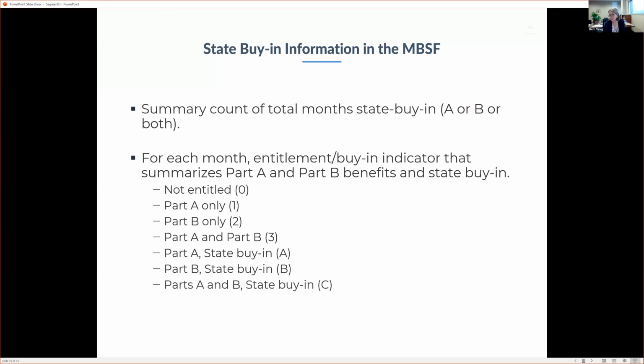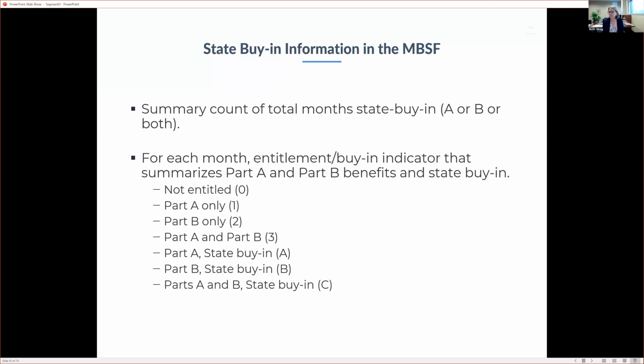They will be Part A only, that's all they have, or Part B, or Part A and Part B. So that's the typical beneficiary. Or there'll be Part A state buy-in, Part B state buy-in, and Parts A and B state buy-in. The threes, Part A and Part B, and the Cs, Part A and Part B state buy-in, are the most common that you will see explaining entitlement and who pays.